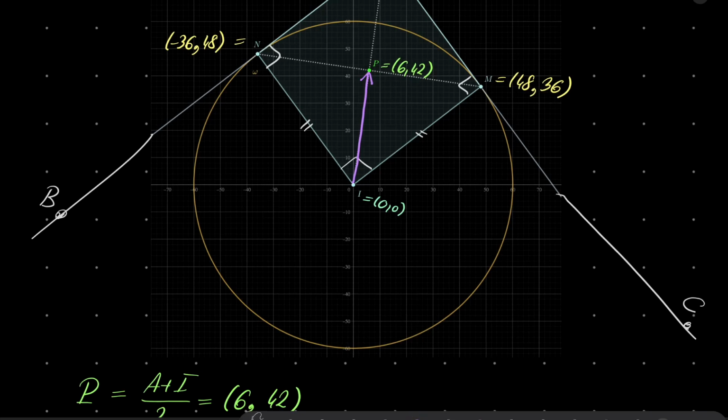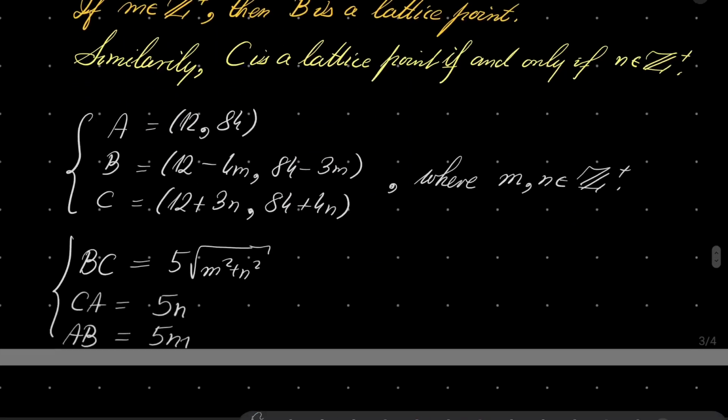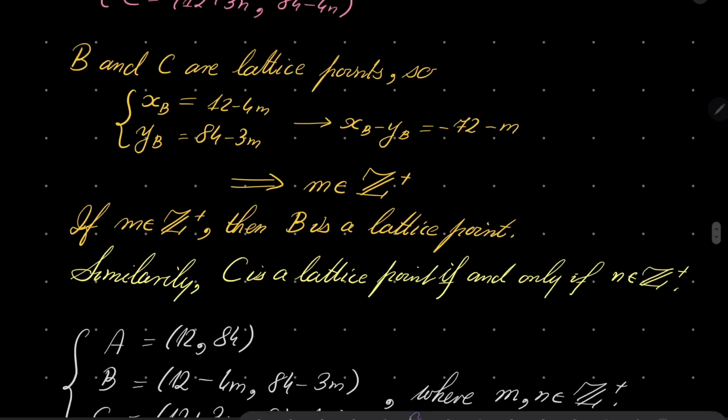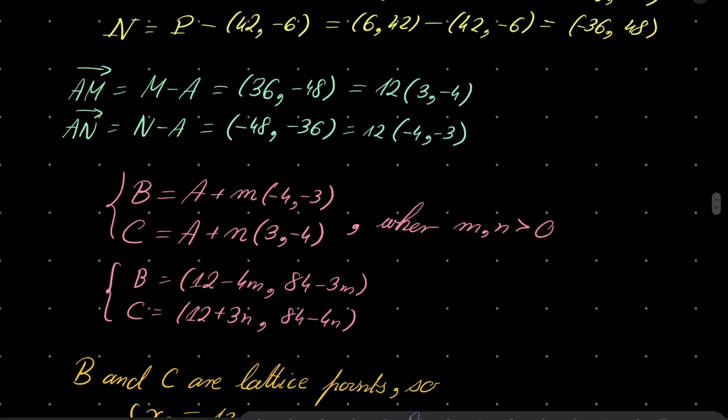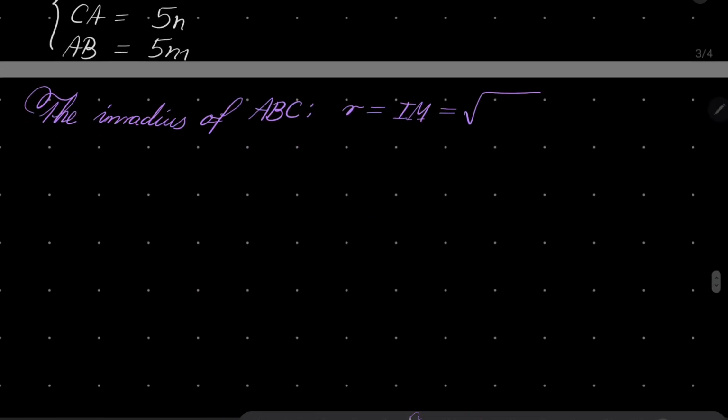So the inradius of triangle ABC, it's R, and it's just the length of segment IM, and this happens to be the square root of the coordinates of point M. I don't remember these coordinates, so I will look back. 48, 36. 48 squared plus 36 squared, which happens to be 60.